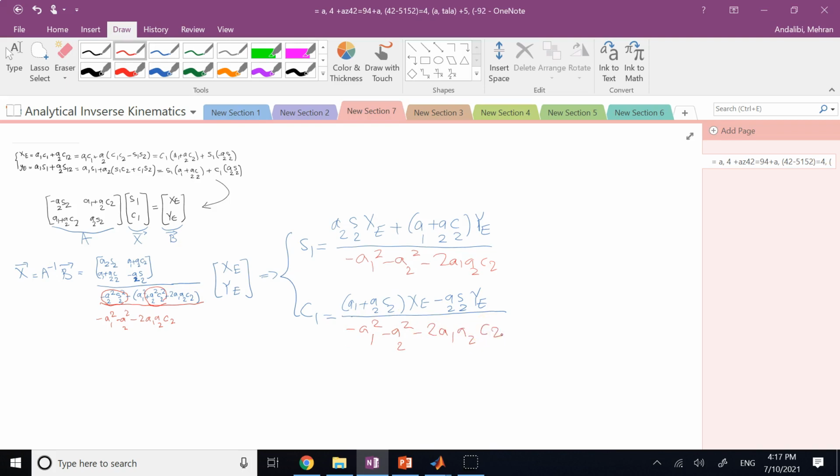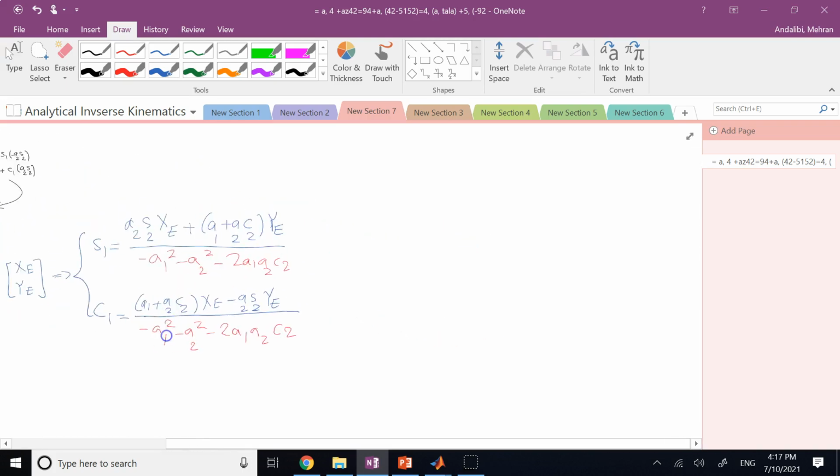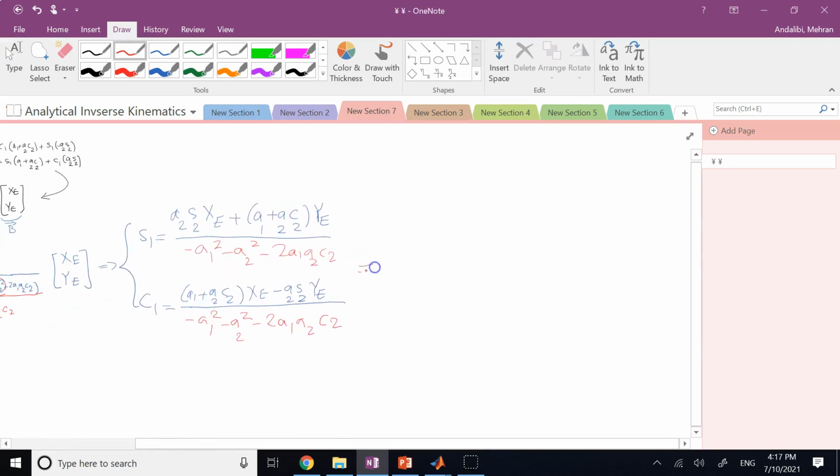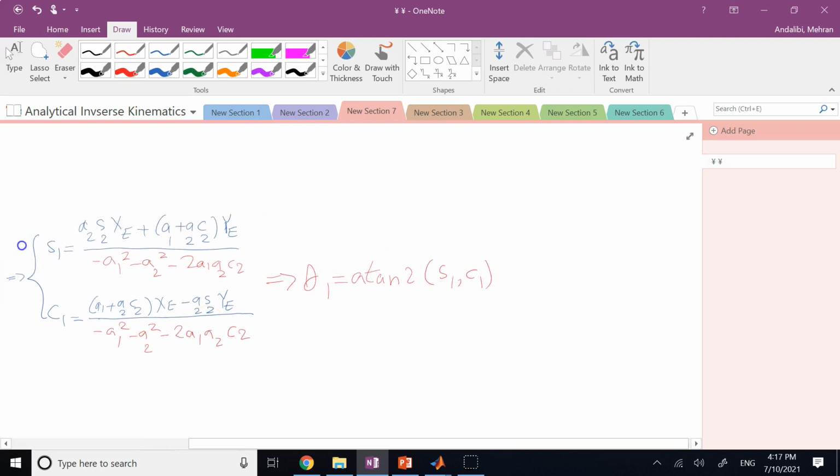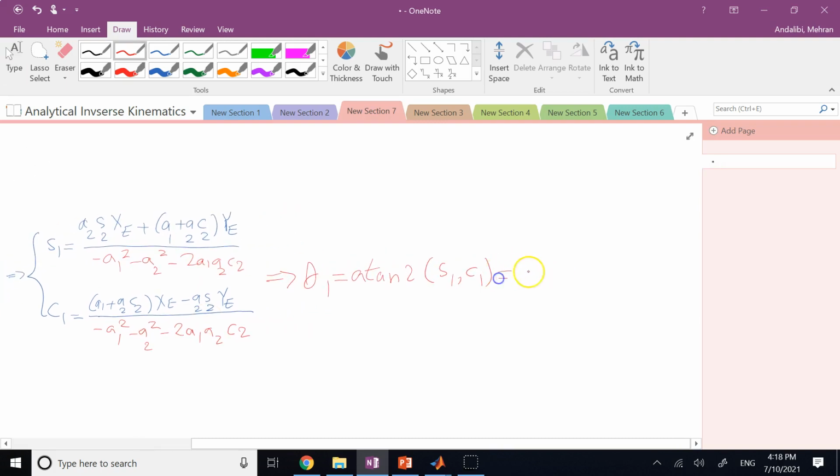So that is sine 1 and that is cosine 1. And so from here, theta 1, which is our arctangent 2 of sine 1 and cosine 1, is going to be these two guys. Right? So you can just plug them in here.